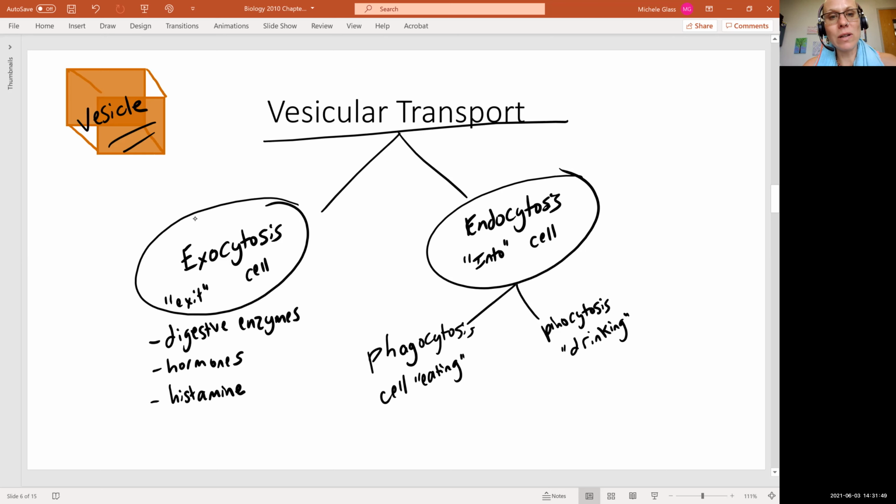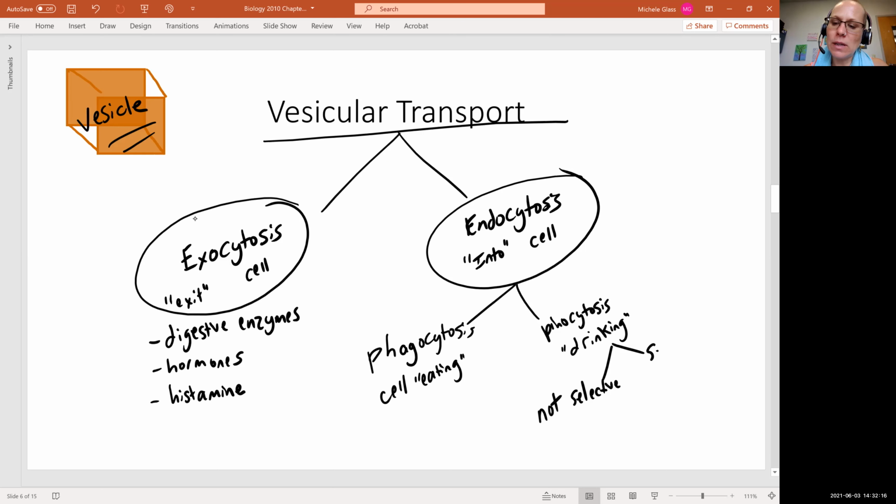Pinocytosis, again, cell drinking, is basically taking in some of that extracellular fluid. And here what we see is sometimes it's not selective, meaning it's just slurping up everything in the ECF. So this is a great way of getting fluid, electrolytes, whatever is there in that ECF.